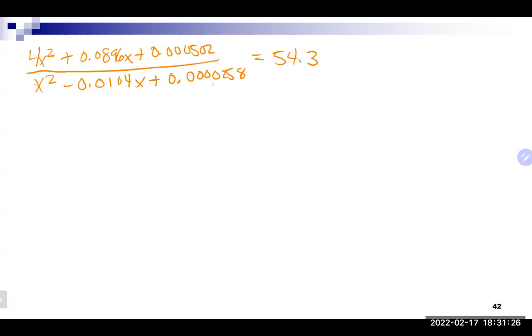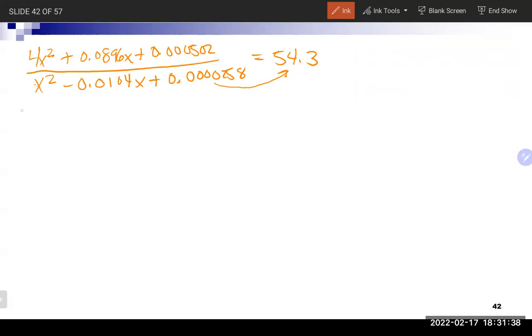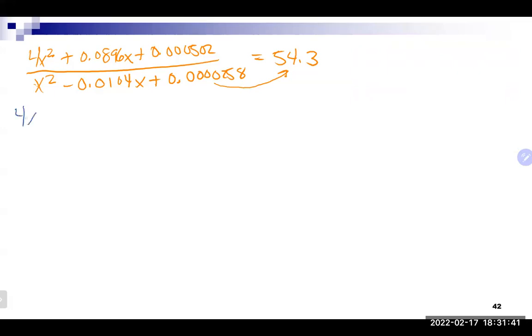Math-wise, we're now going to take our bottom term and multiply it over to our 54.3. That means up on top, nothing changes. Everything stays the same up on top. So we get 4x squared still up on top, which is now by itself, 0.0896x plus 0.000502.